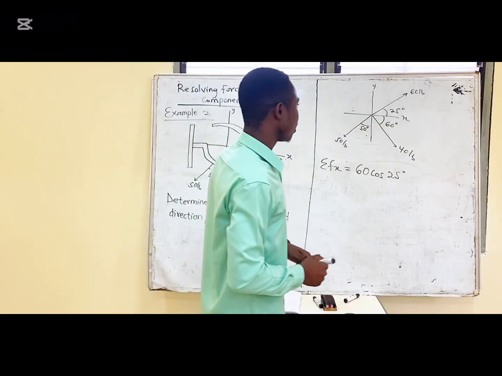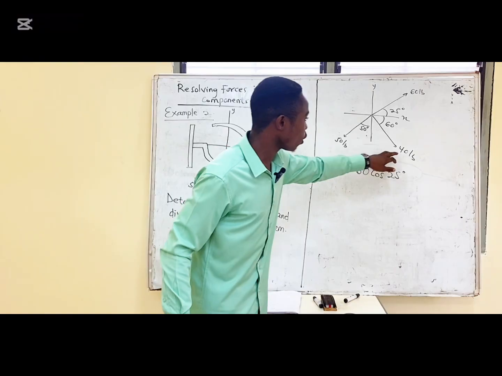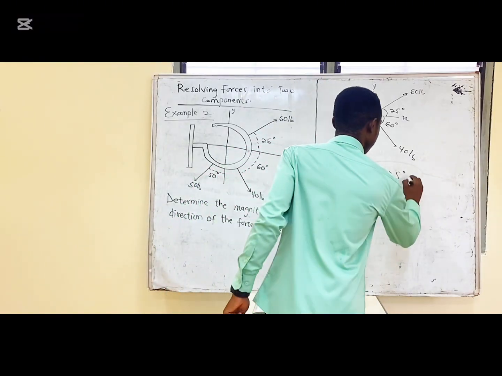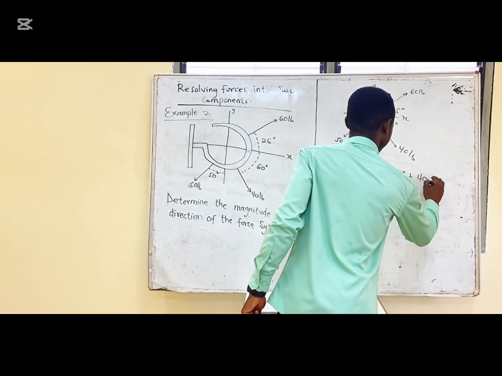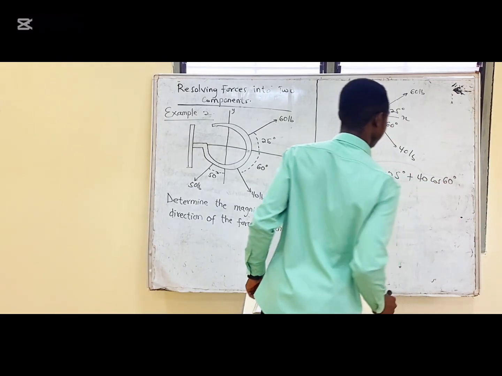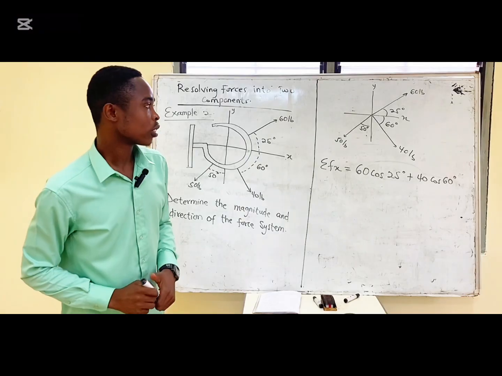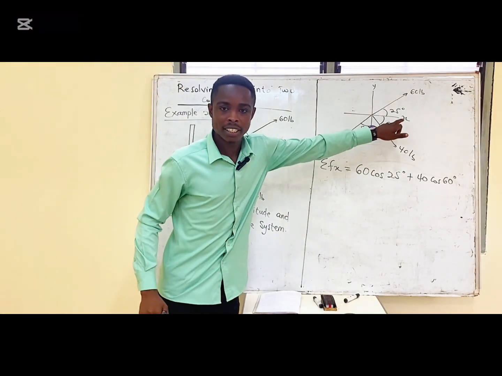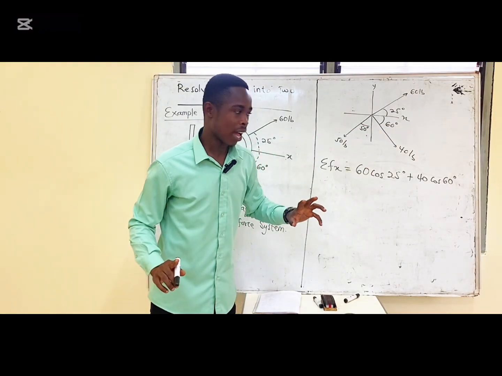Now let's move on to the 40-pound force. So we have plus 40 cos 60 degrees. Why cos? Because 60 is adjacent to the x-axis.